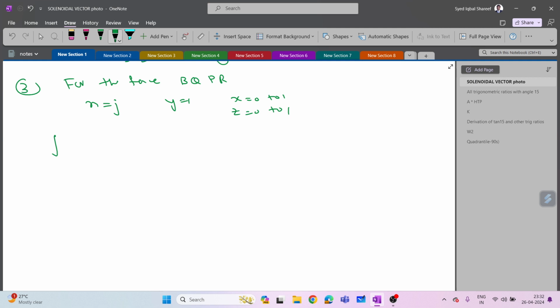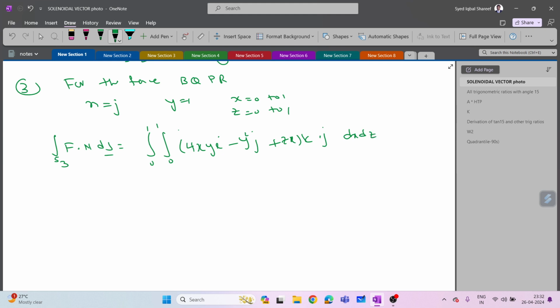So what is our surface? Surface S3, F dot n dS is double integral 0 to 1. And what is that function? Our function is 4xy i minus y square j plus zx k dot n. Our n is j, and dS is dx dz.